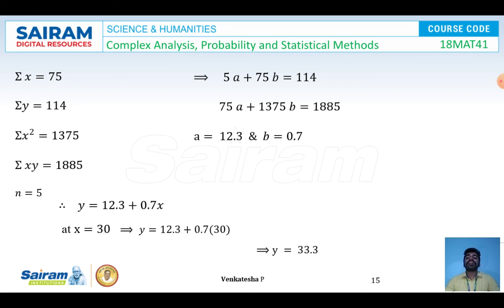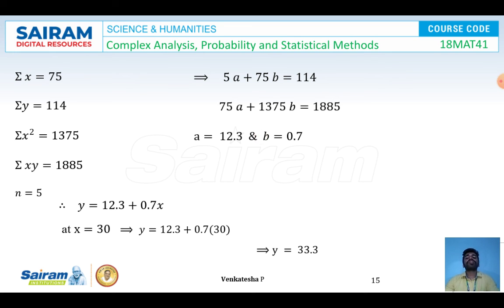So replacing these values in the normal equations, I got 5a plus 75b is equal to 114 and 75a plus 1375b is equal to 1885. By simplifying these equations, I got the constants a is equal to 12.3 and b is equal to 0.7.